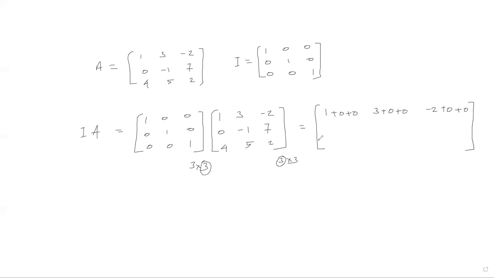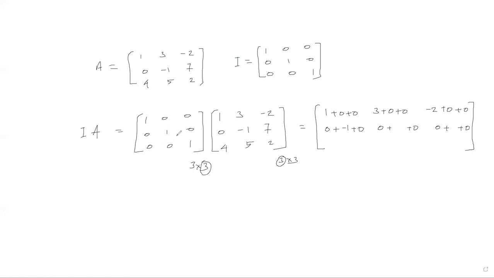Again second row into first column, so first and last element here आप देखेंगे तो 0 है, 0 into anything 0 आएगा, so 0 plus 1 into whatever it is, we have to check that. So only the middle term we have to check. 1 into minus 1, so minus 1 plus 0. Again first and last term will be 0 only, so middle term check करो.